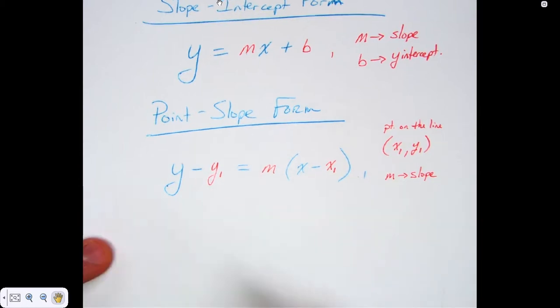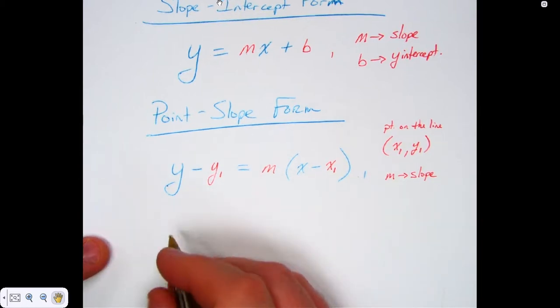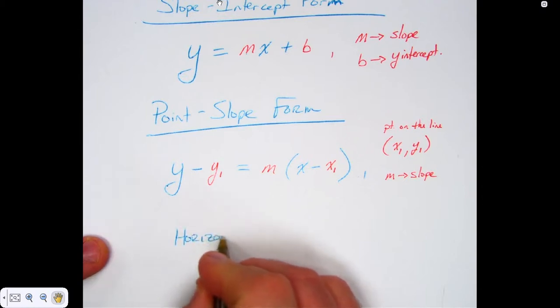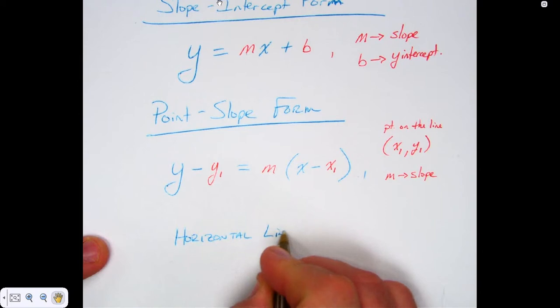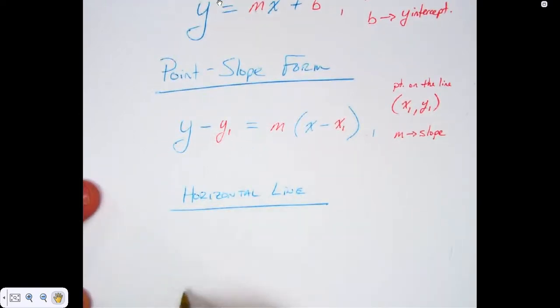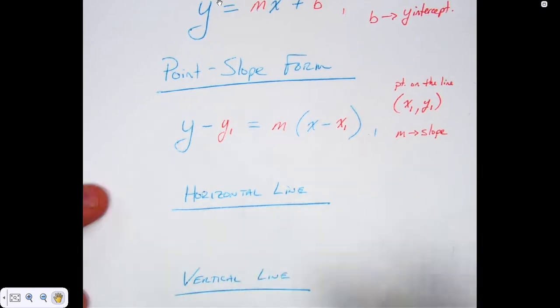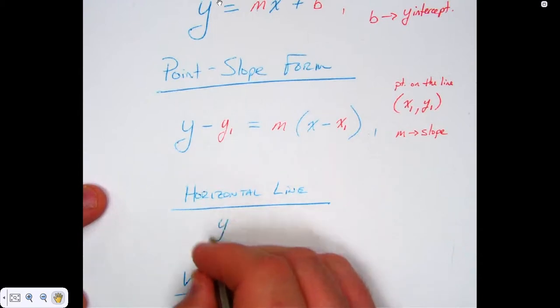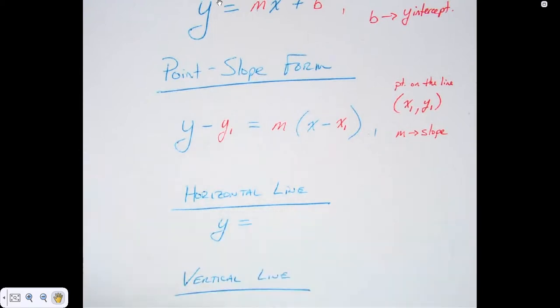What I am going to add to this, though, is the equation for a horizontal line and an equation for a vertical line. The equation for a horizontal line is y equal to some number. It's a horizontal line where the y-coordinates stay the same.